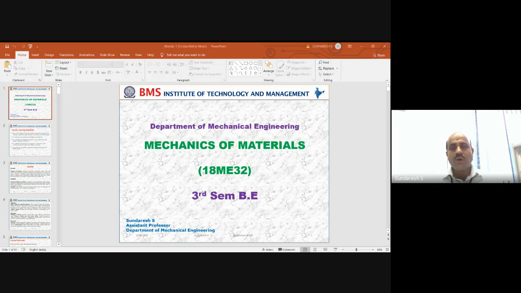L, where alpha is the coefficient of linear or thermal expansion, with a unit of per degree centigrade. The second term, delta T, is the change in temperature, and L is the length. When you prevent the bar from undergoing free expansion due to a change in temperature, stresses are induced, and we call these temperature stresses.